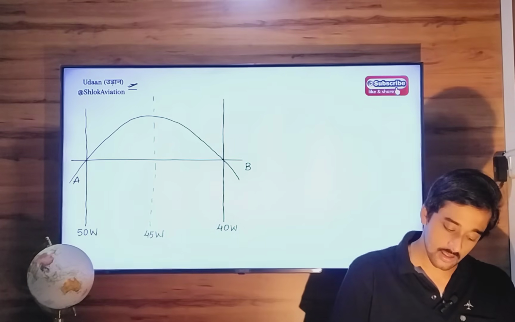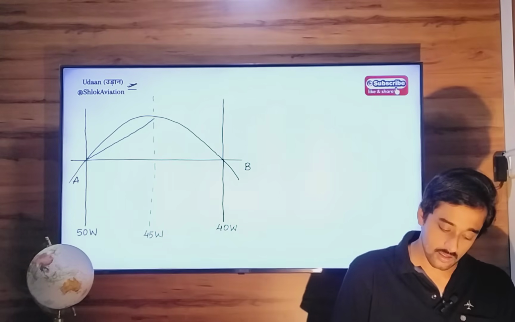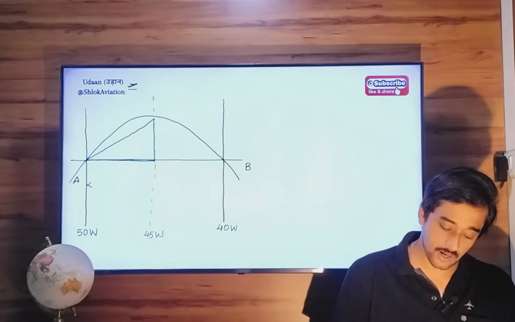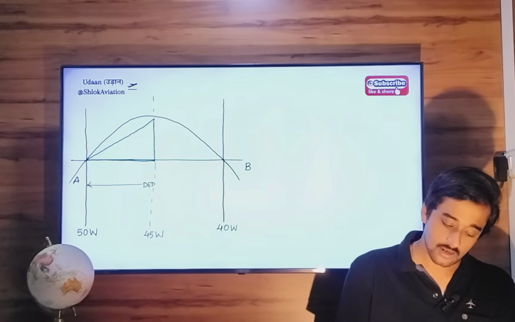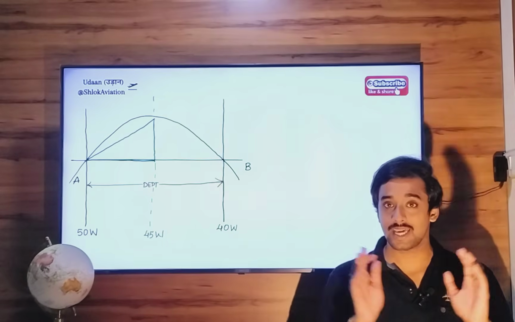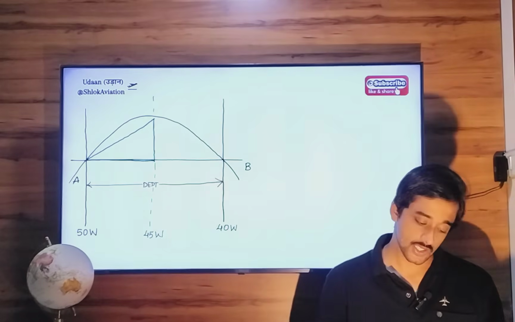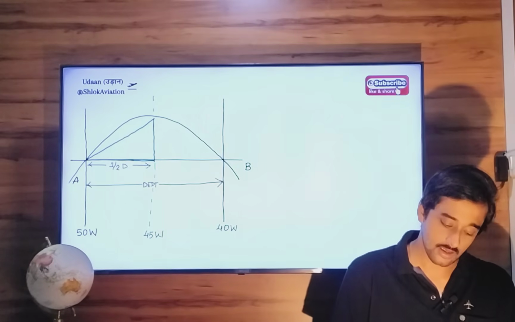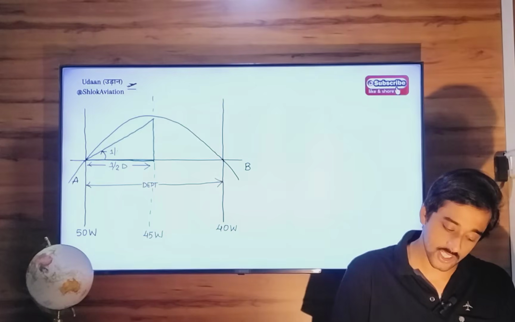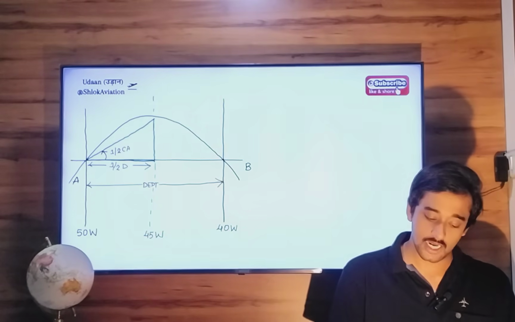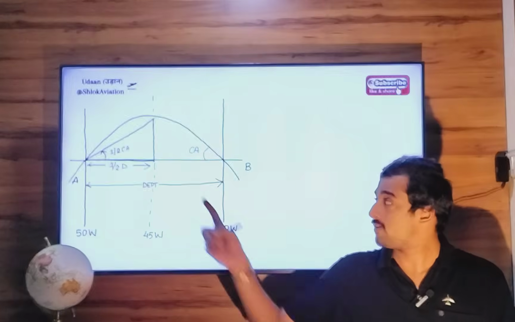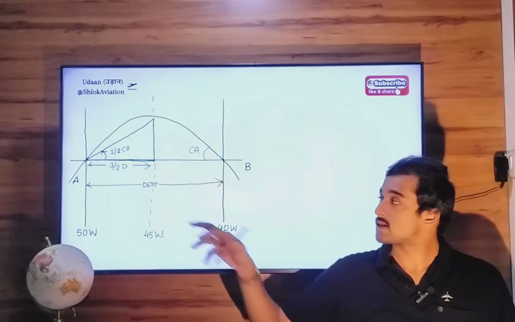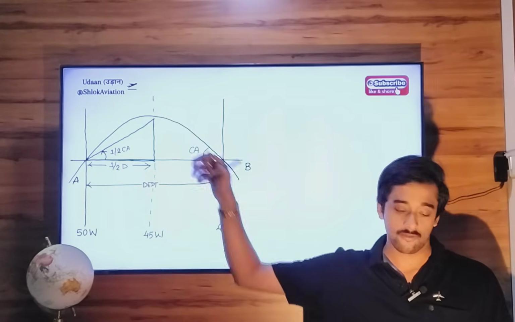Draw a triangle like this. Then this will be equal to your departure, the distance between A and B, since both are on the same latitude. This distance will be half of departure. This angle will be half of convergency angle. This entire thing will be the convergency angle. This side of the triangle bisects the convergency angle into two parts, this half and the other half.